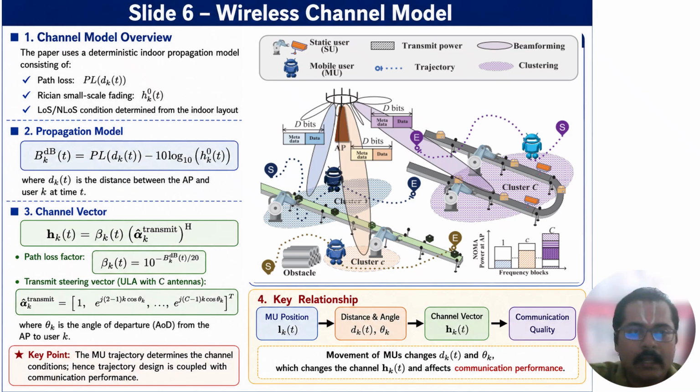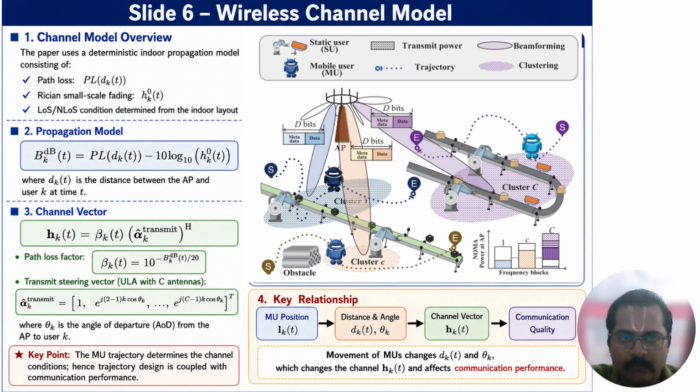Okay, and HK is the channel vector. So path loss factor, next transmit steering vector. This is in exponential form. Theta is the angle of departure from the access point to user K. If you can see the diagram, this is the access point. This is beam forming.